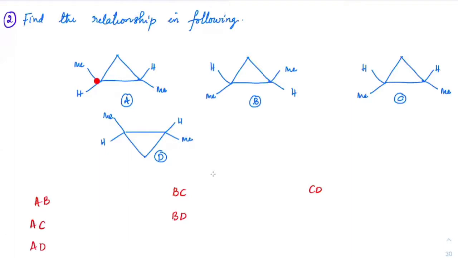See here, this is going inside. I can show it in terms of lines, or I can show it in terms of three dimensions. You should understand both. It is like hydrogen is going up, methyl is coming down. Here methyl is going up, hydrogen is coming down. Just like that, compare these two now. If you compare these two, methyl is going up, methyl is coming down. So these two are enantiomers of each other, right? So A and B are enantiomers.